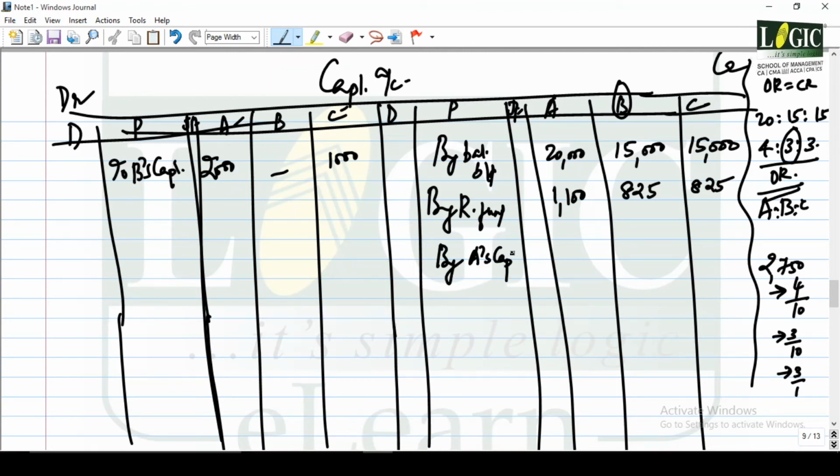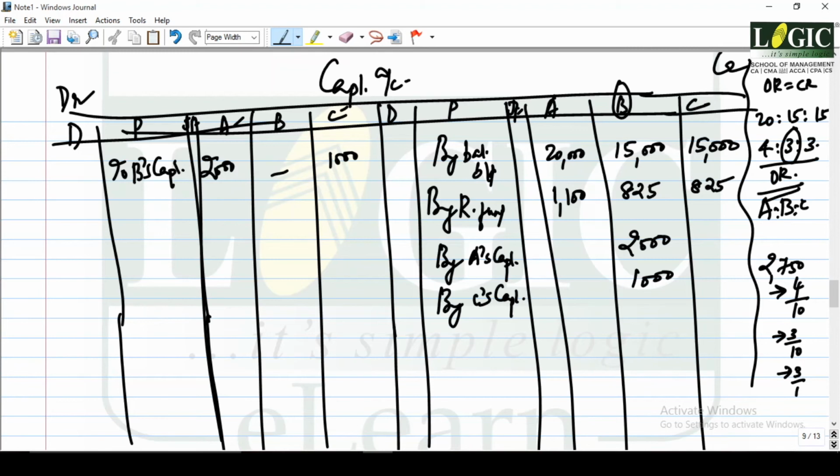So by A's capital I got 2,000. From C's capital I, here meaning B, got 1,000. So this is how you will have to do goodwill.